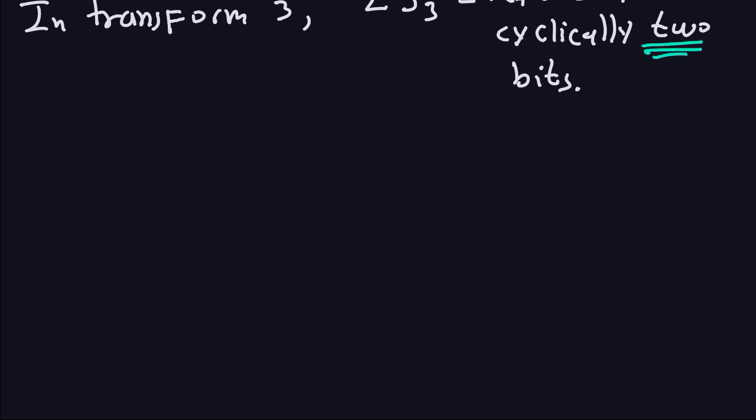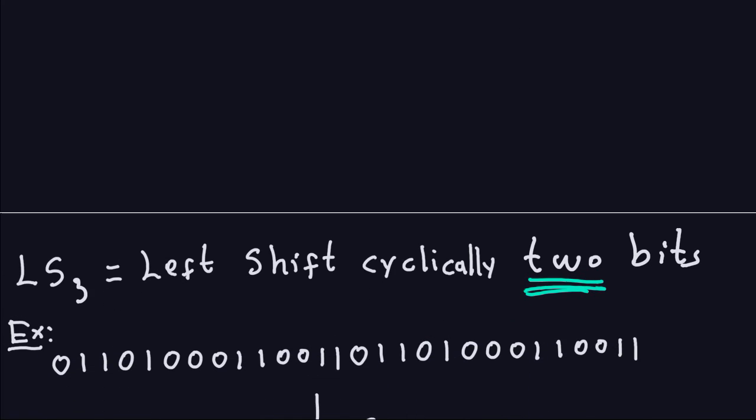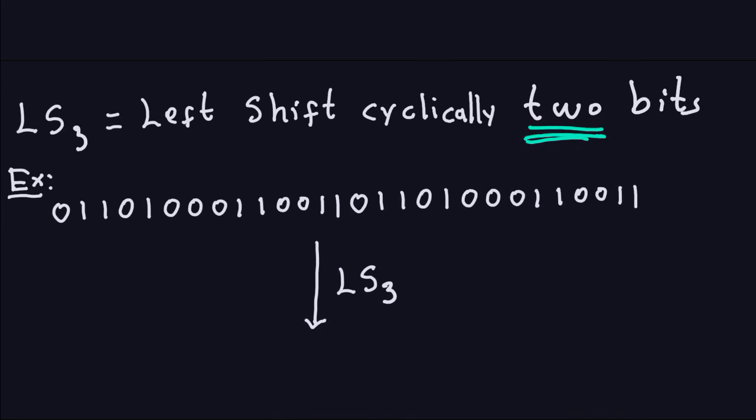Okay, so let me actually do an example here to emphasize what I'm doing. So we're gonna do a left shift cyclically 2 bits here. What's gonna happen is you're gonna do a shift of 2 bits, so you do it 1 by 1. So we're gonna move, for example, let me use a color here.